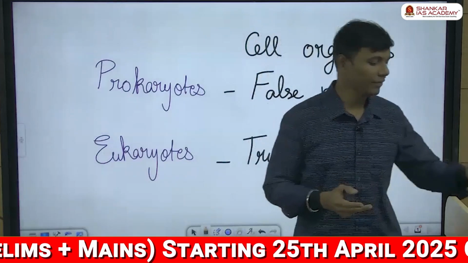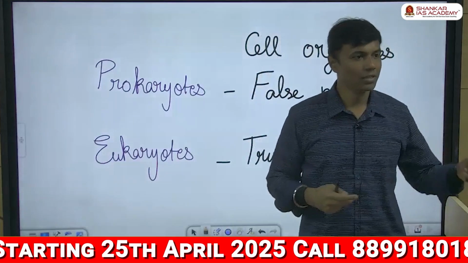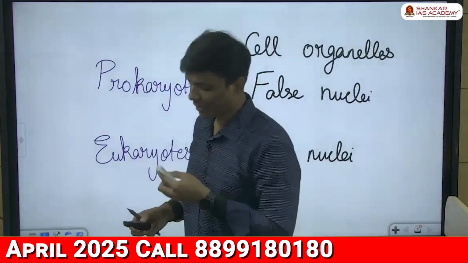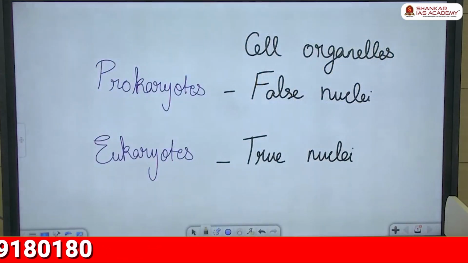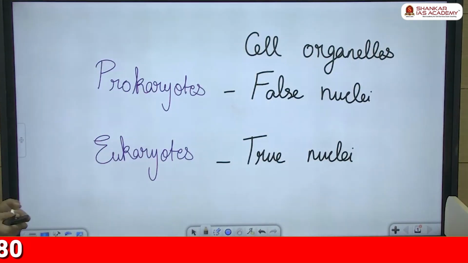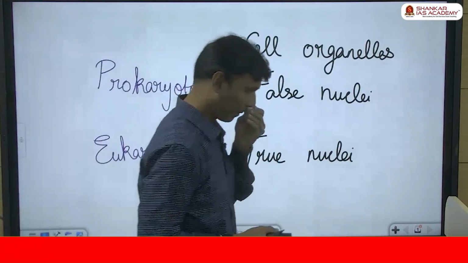For eukaryotes, the reason we call them true nuclei is cell organelles are properly developed. You can write cell organelles are properly developed. Okay.